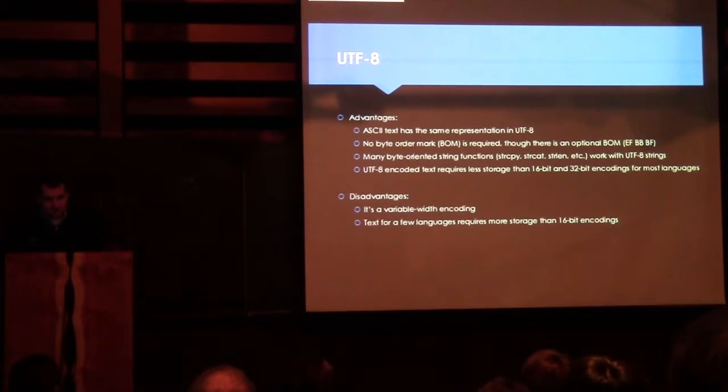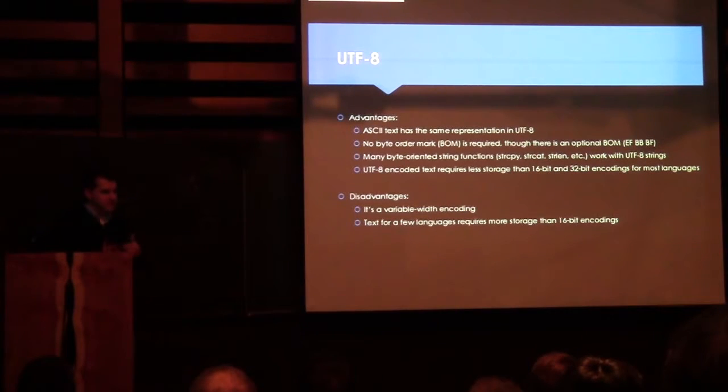So you don't need a byte order mark. However, it is permitted to put one in. Specifically, this is used in order to identify UTF-8 text in places where it might be ambiguous with other character encodings. Its byte order mark is the sequence of bytes EF, BB, BF.